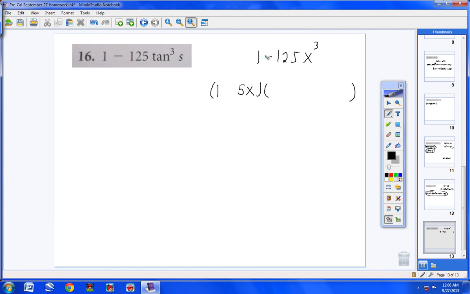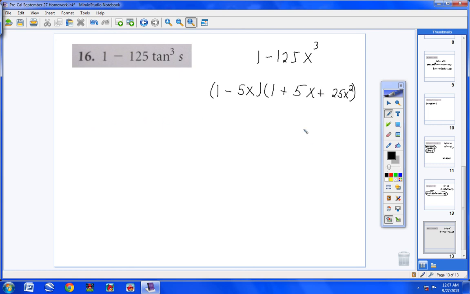Now notice your sign right here is negative, so I put a negative sign here. Now take your first term, this 1, and multiply it by itself. 1 times 1 is 1. Now take the 1 and the 5x and multiply them together. 1 times 5x is 5x. And then take your 5x and multiply it by itself. So 5x times 5x would be 25x squared. Whenever you have a negative here, everything over here is positive. So positive, positive, positive.